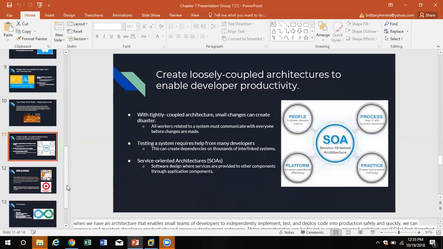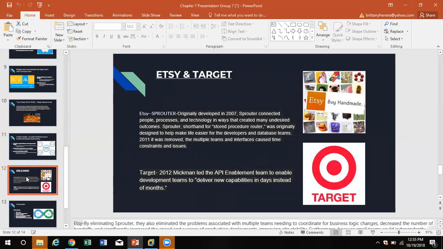And service-oriented architectures are software designs where services are provided to other components through application components. That ends up causing some issues, which we're going to go into with these examples from Etsy and Target. Basically, they wanted to deploy DevOps because they were having some issues. So with Etsy, they had Sprouter, which was developed in 2007.